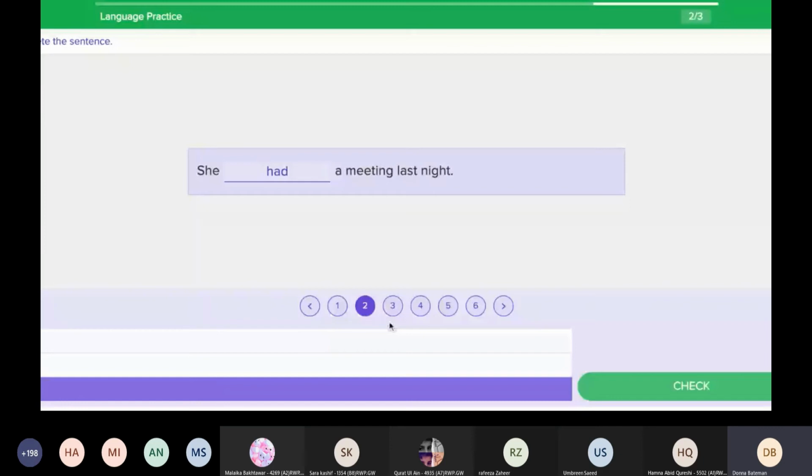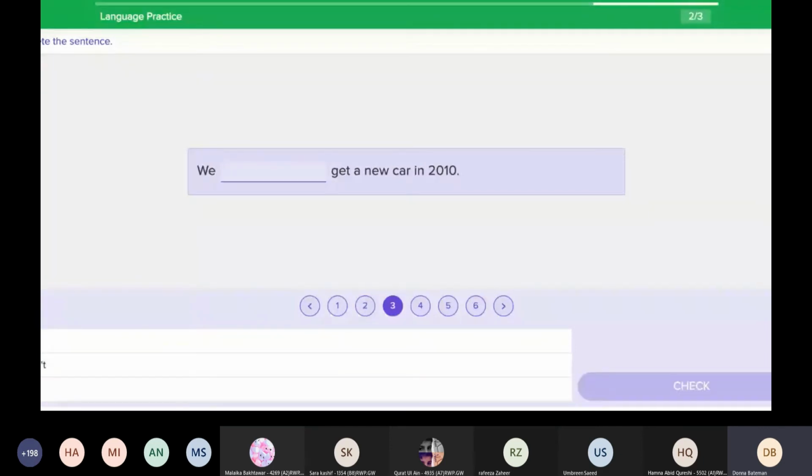Number 3. We blank get a new car in 2010. What goes in the gap? So in 2010, we're talking about the past. Obviously, we're in 2021 now. Our choices are all negative.